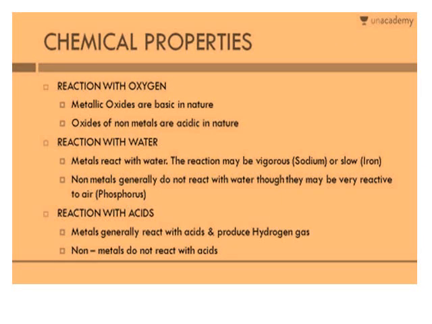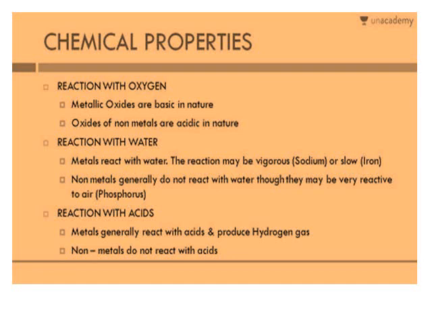This slide especially gives the comparative study of all the properties which we have seen for metals and nonmetals, especially chemical properties. Reaction with oxygen. Metallic oxides are basic in nature. Oxides of nonmetals are acidic in nature. Then reaction with water. Metals react with water.